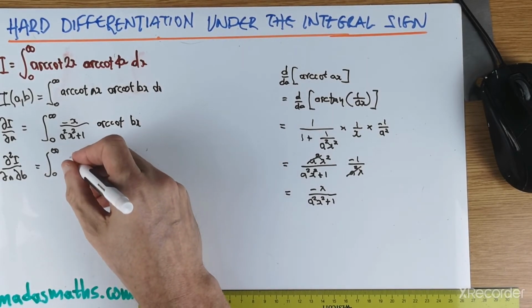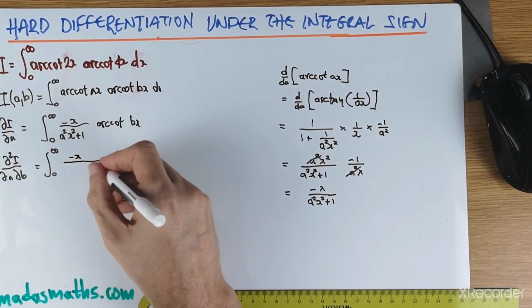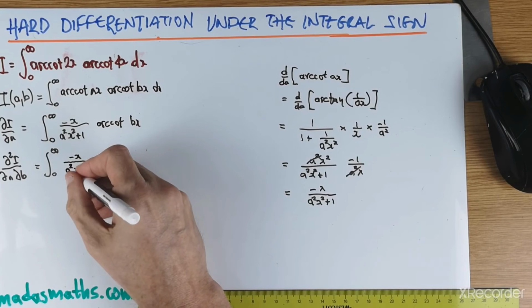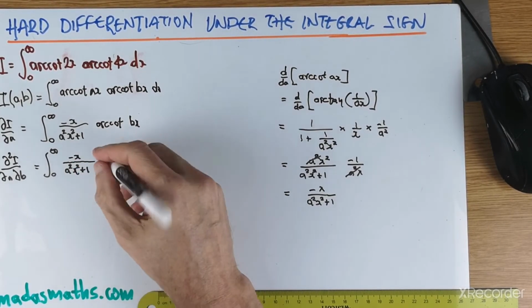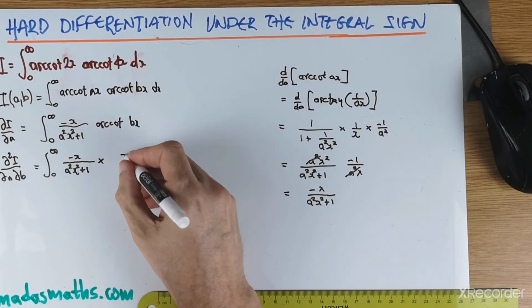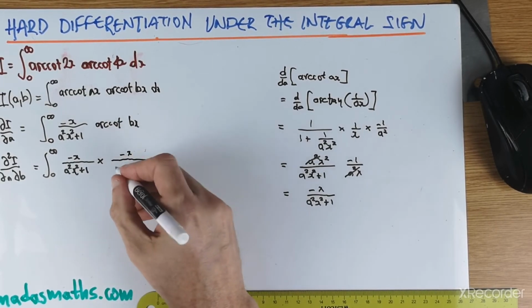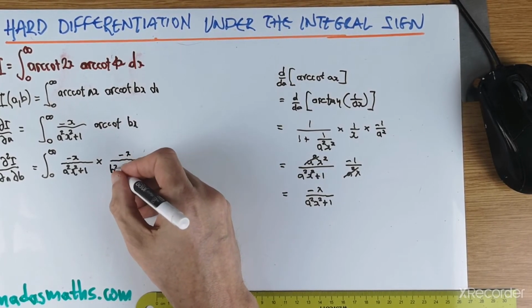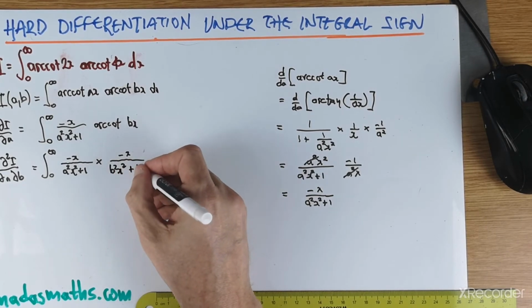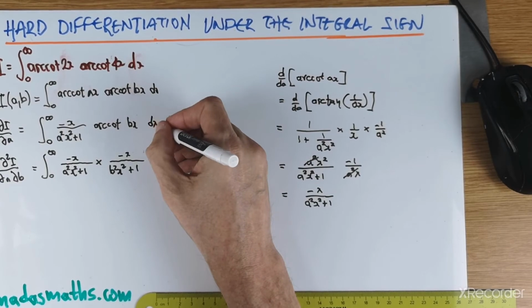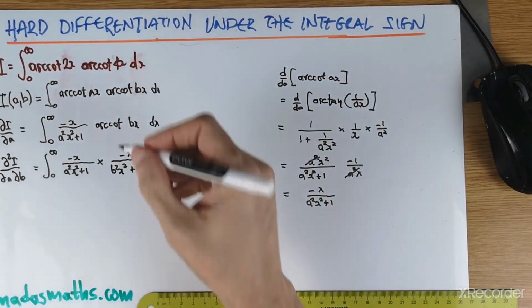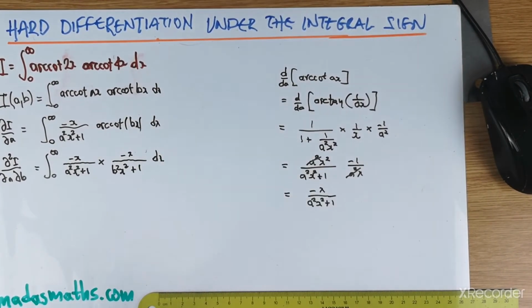So let's write it here. a squared x squared plus 1 times minus x over b squared x squared plus 1 dx. I forgot the dx actually there. This is the bx of the argument of the arc cot, really.